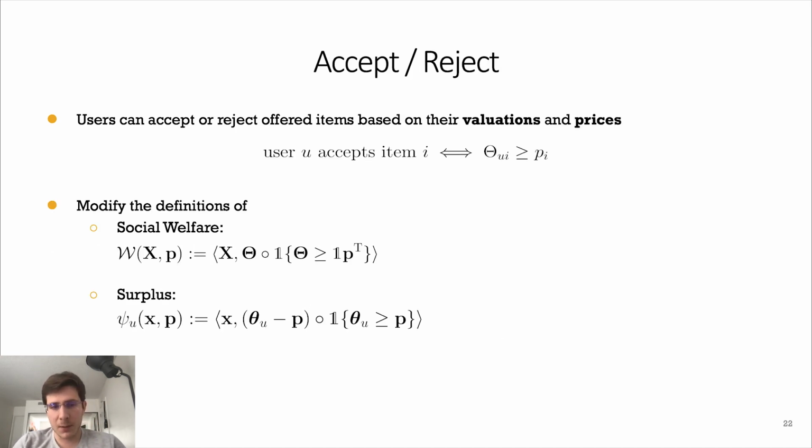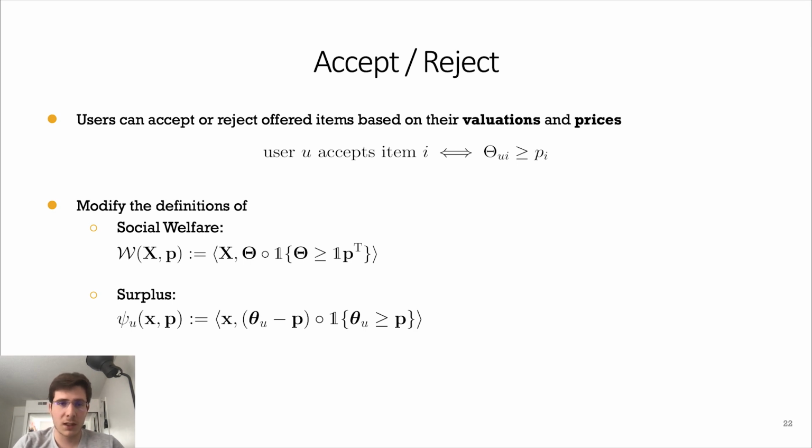So up to this point, we didn't discuss whether users can accept or reject offered items based on their valuations and prices, and we were assuming that all users are accepting the items that they are given regardless of the prices. However, if we want to introduce some mechanism for users to be able to accept or reject the offers, we can state that a user U accepts item I if and only if the valuation that it's going to obtain is larger than the price it needs to pay for it.